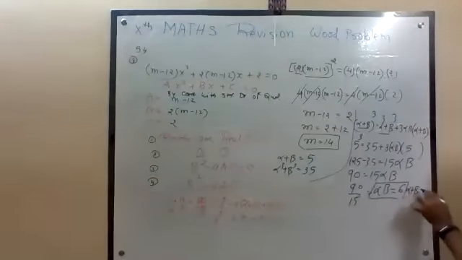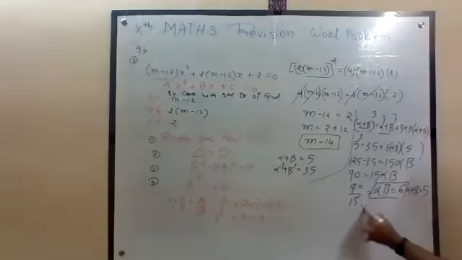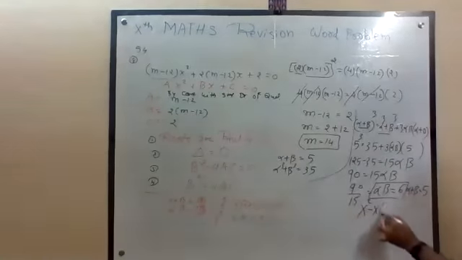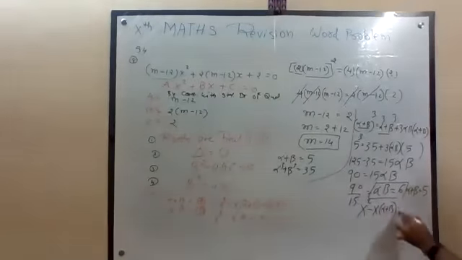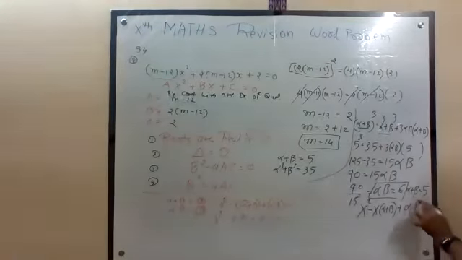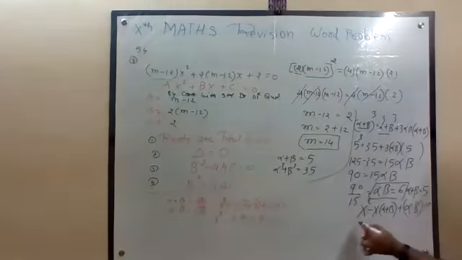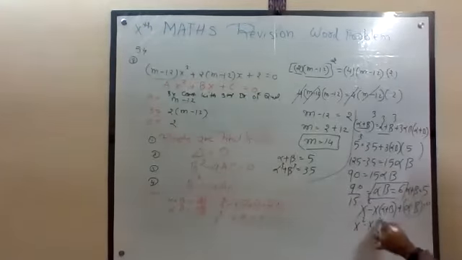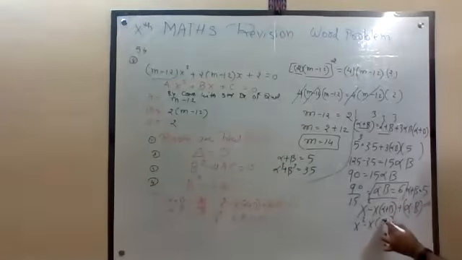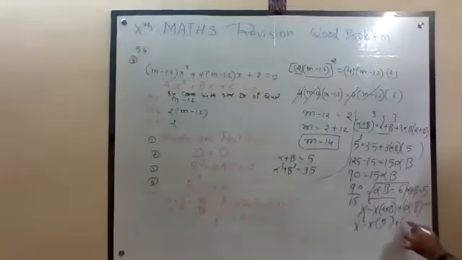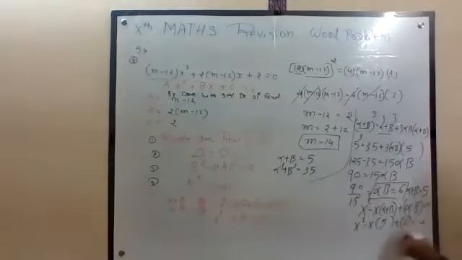And alpha plus beta is equal to 5. So x square minus x(alpha plus beta) plus alpha dot beta is equal to 0. Alpha plus beta is 5, alpha dot beta is 6.